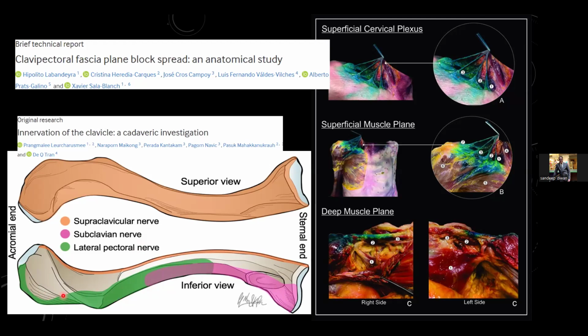So it is still under process, the innervation of clavicle, and in fact, we are also studying the innervation of clavicle through a separate kind of anatomic investigation that we are looking into.